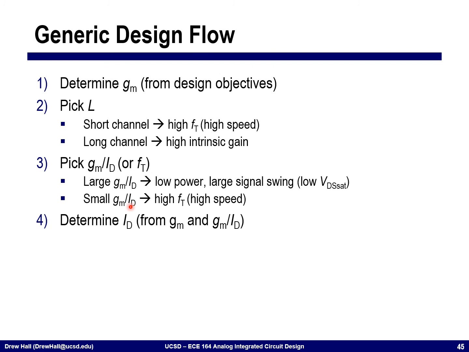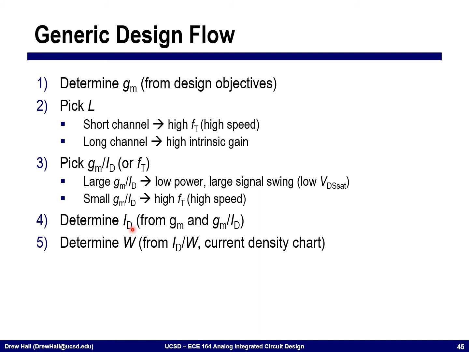Once we have GM over ID or FT, we can determine the ID. Again, this is directly from knowing GM up here and then using GM over ID. We multiply these together and we can get the current out. Once we have the current, we can determine the width from the normalized current density plots.